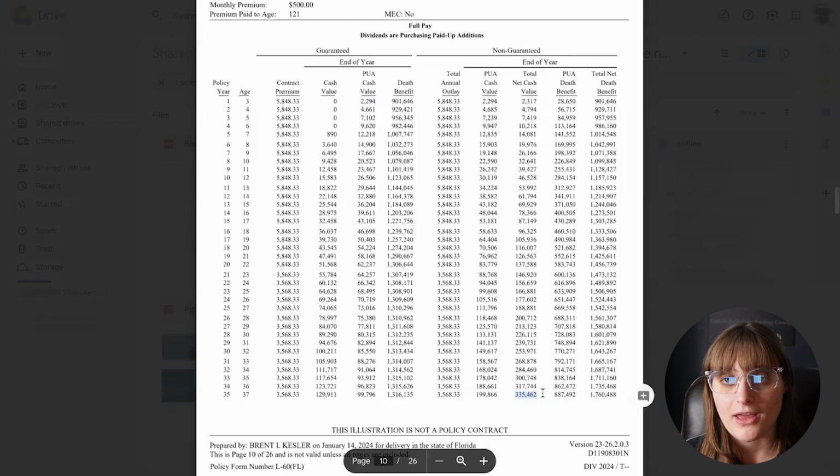We don't do anything with it. So the more that you use the policy to go and finance and buy the things that you're already buying in life, the larger these numbers are going to be when you start to incorporate becoming your own banker and playing that honest banker with yourself in your life.